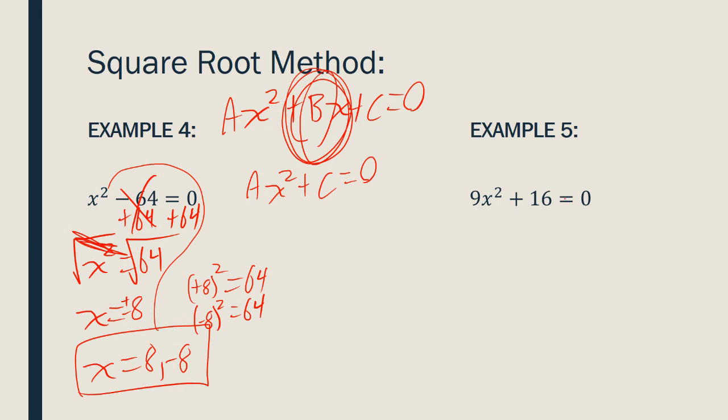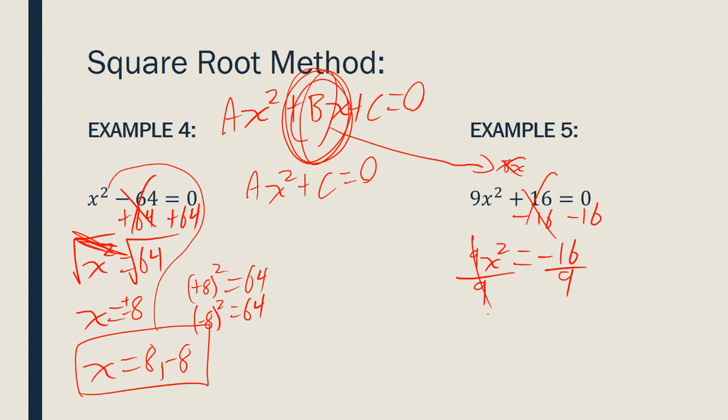9x squared plus 16 equals 0. Since I don't have this bx term in the middle here, I can just solve by square rooting. So I'm going to subtract 16 on both sides. I'm going to get 9x squared equals negative 16. Next I need to divide by 9 on both sides so I can get this x by itself.